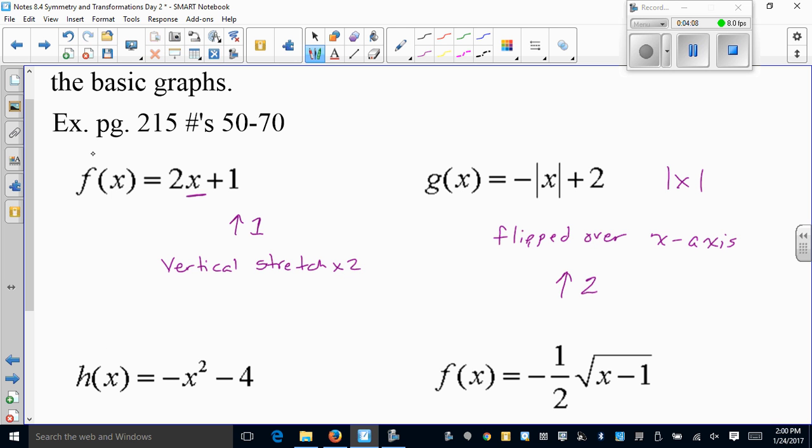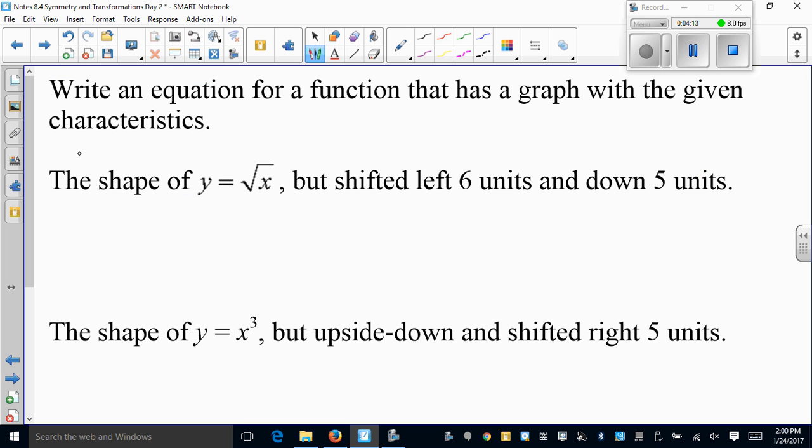Okay, the next kind of problems, they're going to describe to you, and then you have to identify what the equation is. So write an equation for a function that has a graph with the given characteristics. The shape of y equals square root of x, so there's your parent graph. The shift to the left 6 units, so that's going to give you a -6.